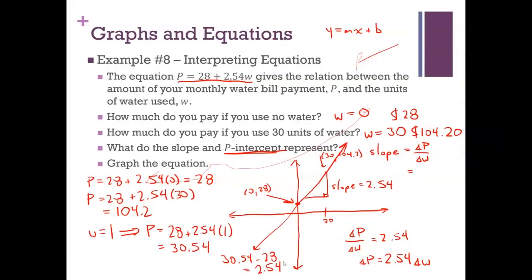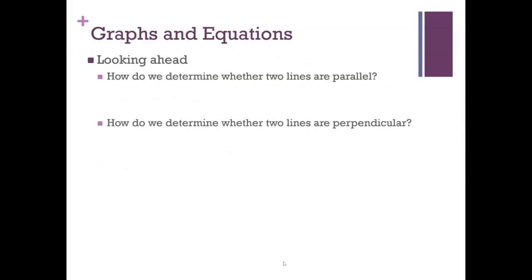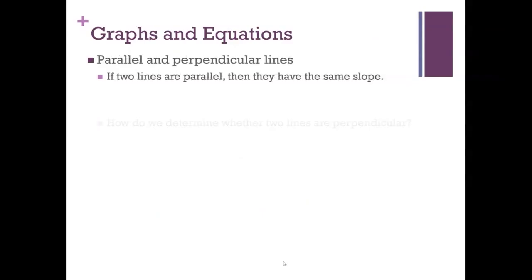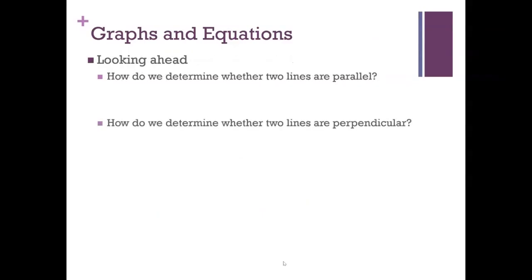Any more questions about this? Okay. So the last thing I want to talk about from this section is lines that are parallel and perpendicular. Let me draw you a picture here.